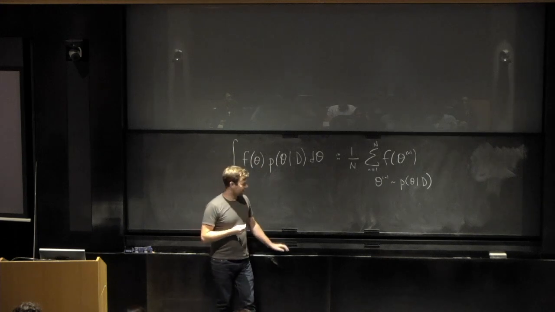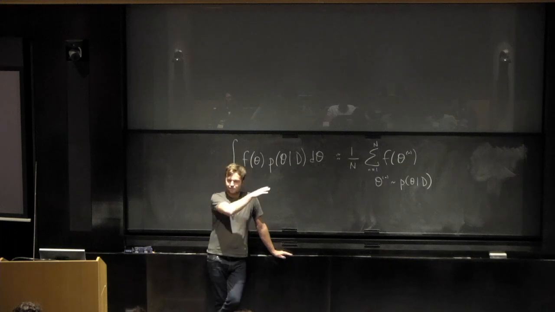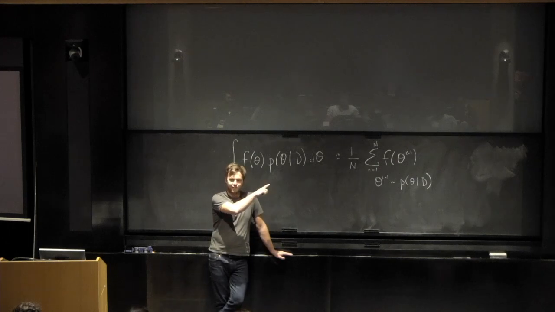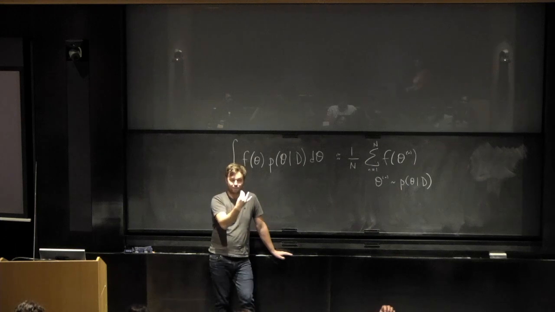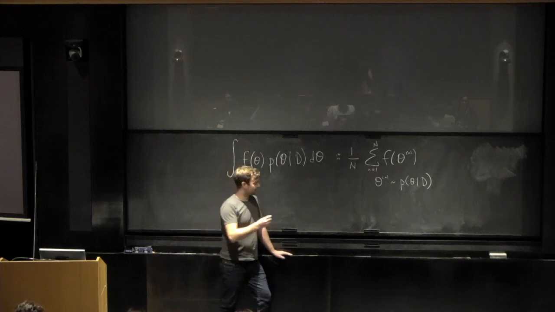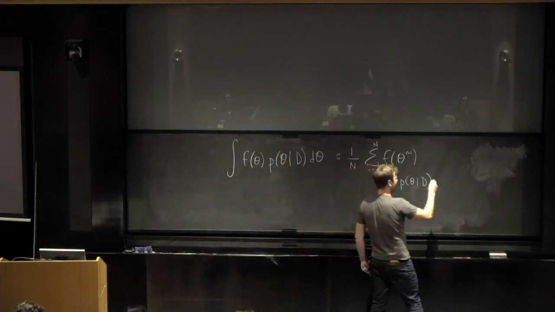The key thing to see about this, if you're willing to believe me that the only thing you ever want to do is an integral that looks like this, is that this approximation has an error bar, because there's going to be some numerical noise associated with approximating this integral as a set of samples.